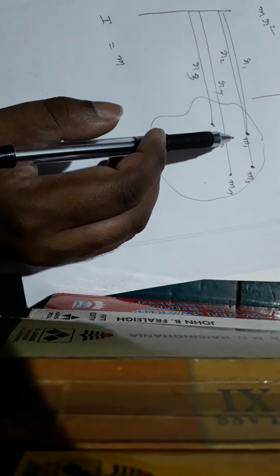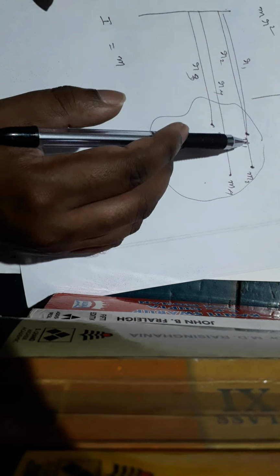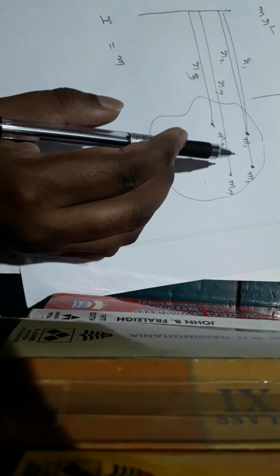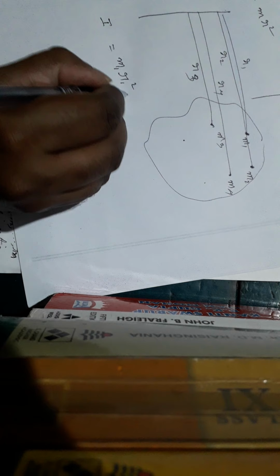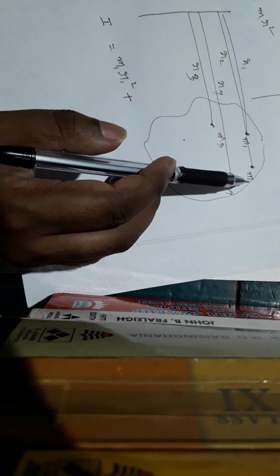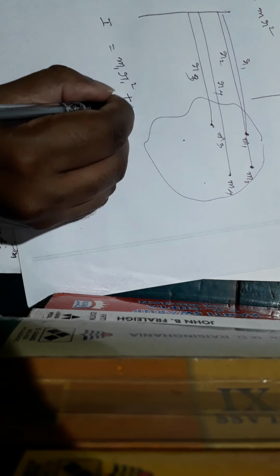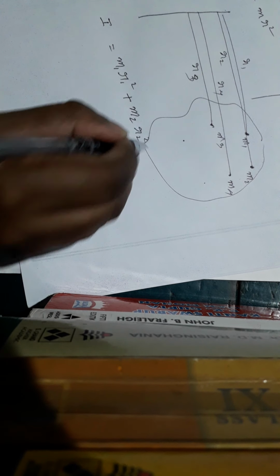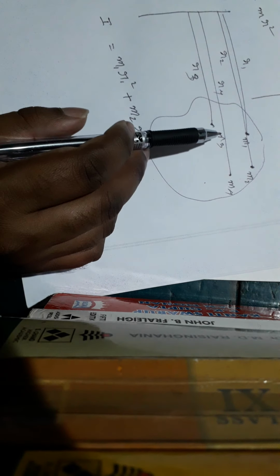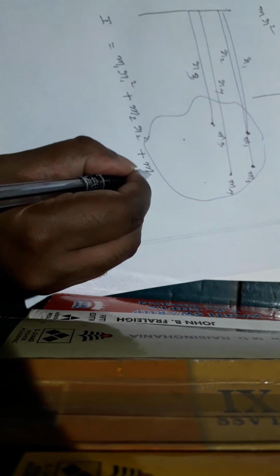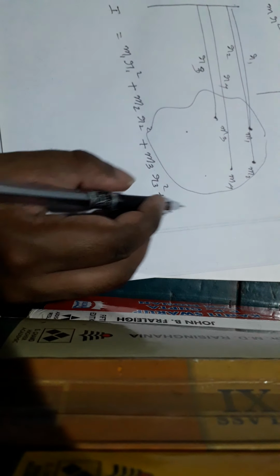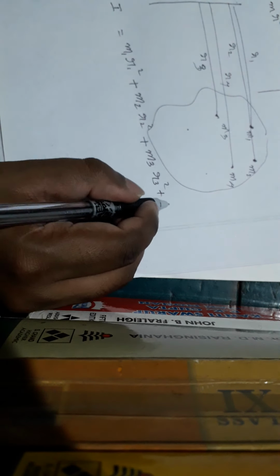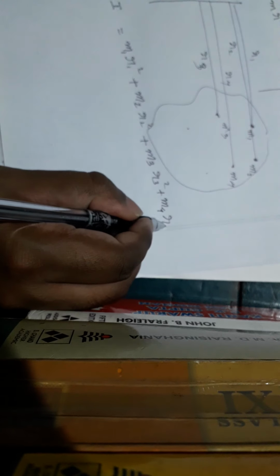The moment of inertia contributed by the body of mass m1 is m1 r1 square, plus that contributed by m2 is m2 r2 square, plus that by m3 is m3 r3 square, plus that by m4 is m4 r4 square, and so on, because we have n particles.